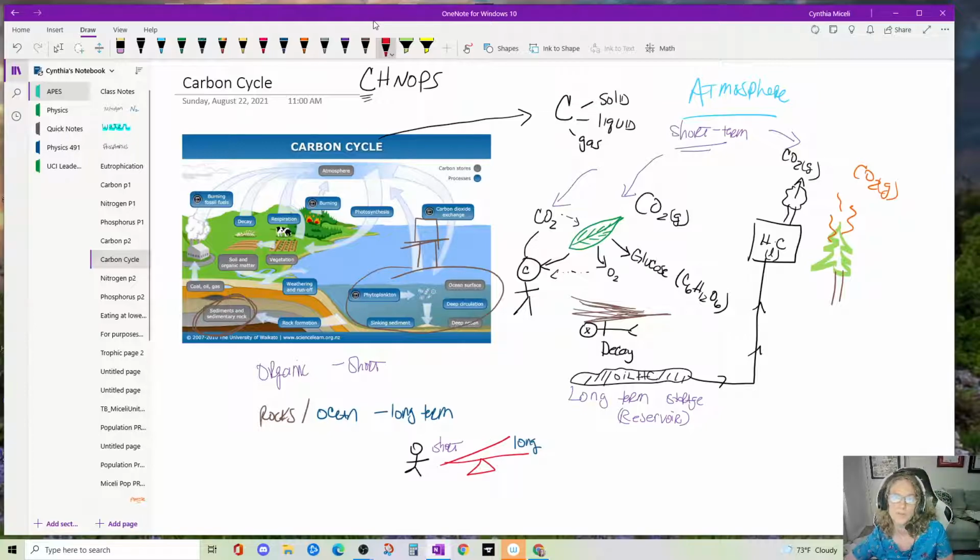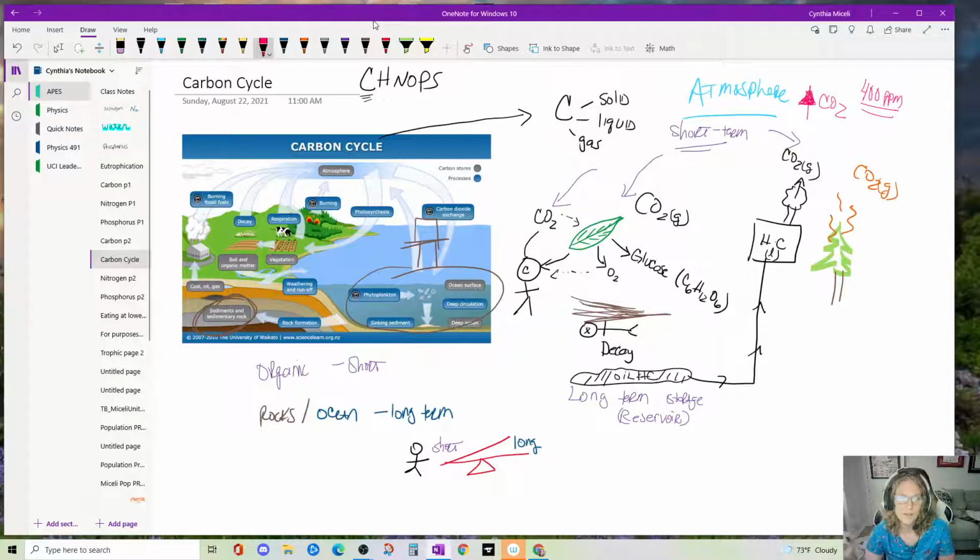So the problem is we are getting a lot more increase in carbon dioxide levels than are supposed to be here. It should be around 400 parts per million in our atmosphere, and it is increasing quite a bit because of burning these fossil fuels and putting the long-term storage back into the atmosphere.